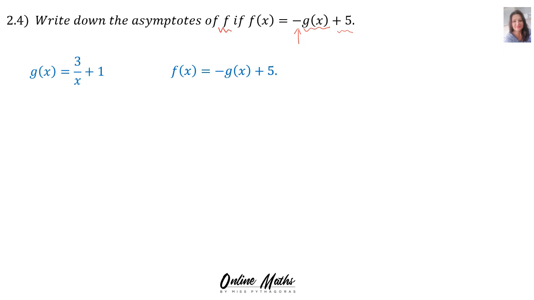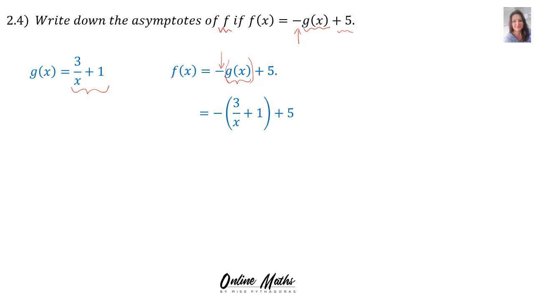So how this works is you wait with the minus and you're going to put a bracket. And then in g of x's place, you add the 3 over x plus 1 because that is what g of x is equal to, plus a 5. So it works like this, minus big bracket and then g of x, which was 3 over x plus 1, and plus 5.